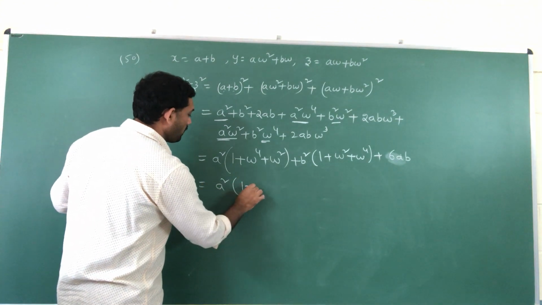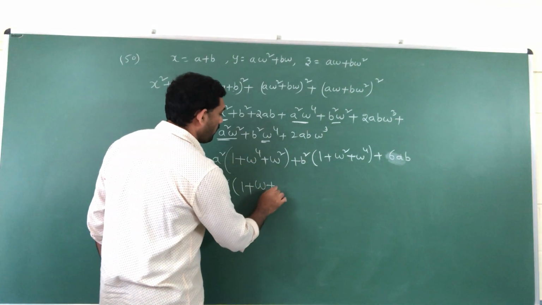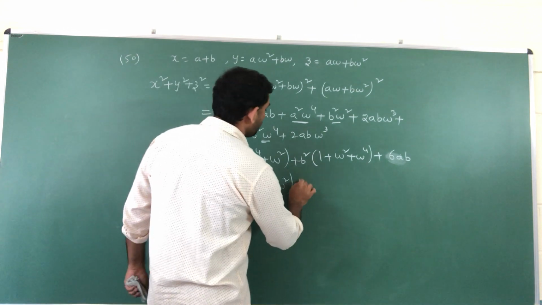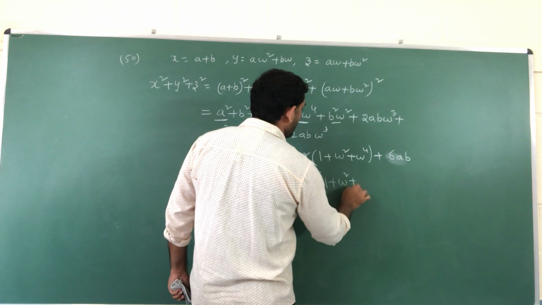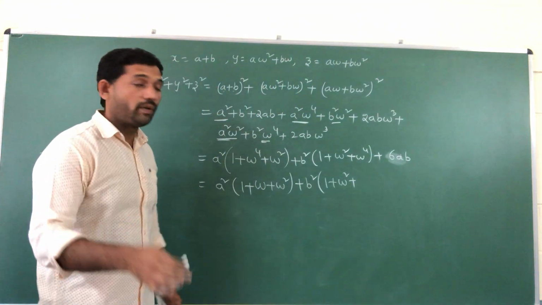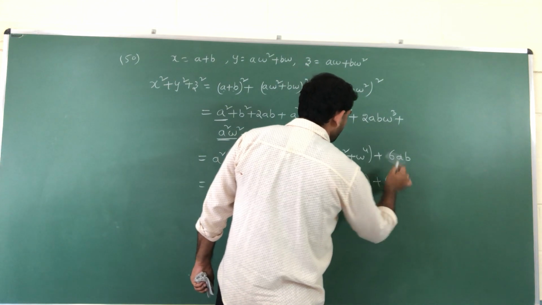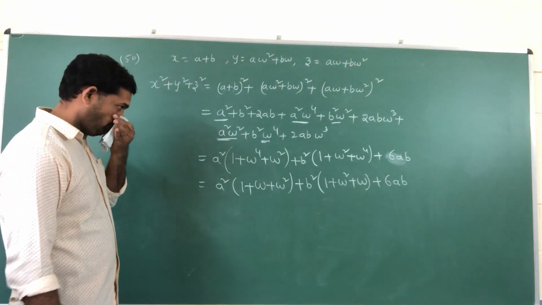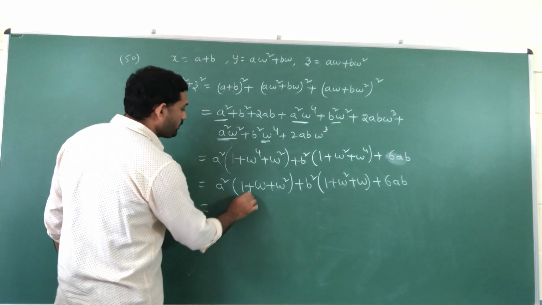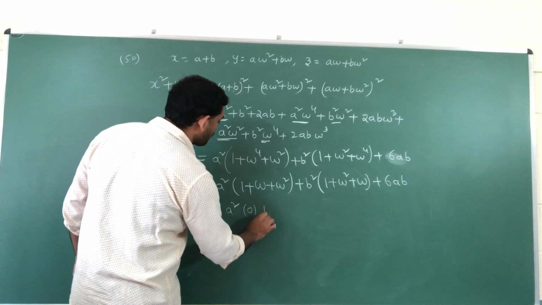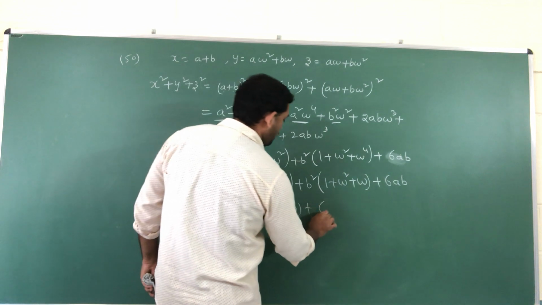Now see the simplification. a² into 1 plus ω⁴ is how much? ω plus ω², plus b² of 1 plus ω² plus ω⁴ is ω, plus 6ab. Now a² into this sum is 0, b² into this sum is 0, plus 6ab.